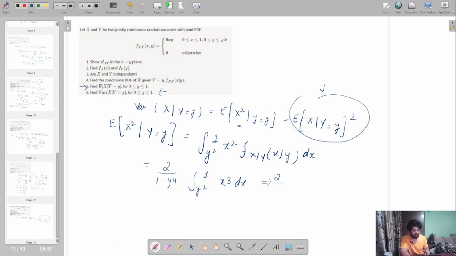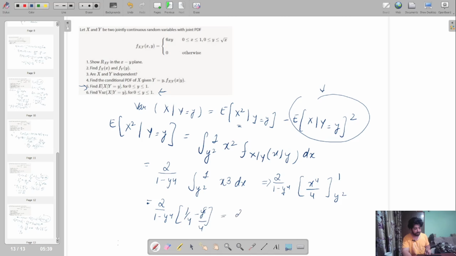I can write 2/(1 minus y^4) and here x⁴/4 ranging from y² to 1. So this can be written as 2/(1 minus y^4) times (1/4 minus y^8/4).